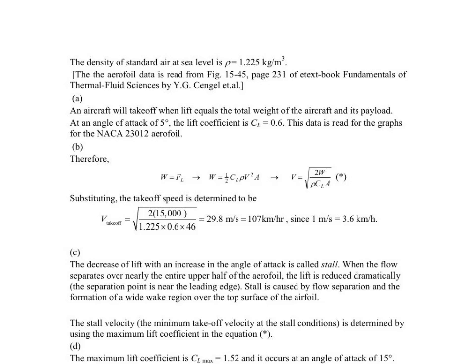What we do next is we substitute the values in the sum, and we get a value of 29.8 meters per second, or 107 kilometers an hour, since 1 meter per second is equal to 3.6 kilometers an hour. That's quite simple and straightforward.